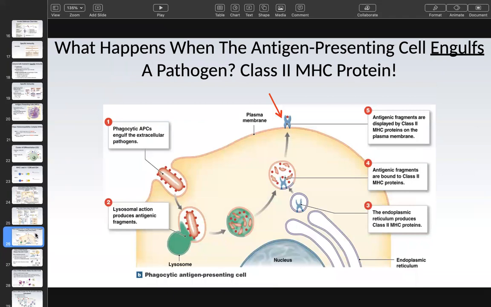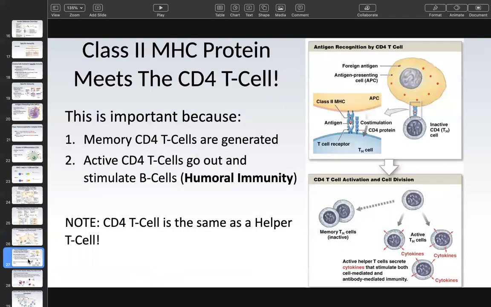The antigen presenting cells, which again are the macrophages, dendritic cells, and B lymphocytes, when they engulf a pathogen, they present an epitope on the plasma membrane as well, but for a slightly different purpose. In this case, the MHC2 complex presents an epitope in order to recruit helper T cells, also known as CD4 cells.